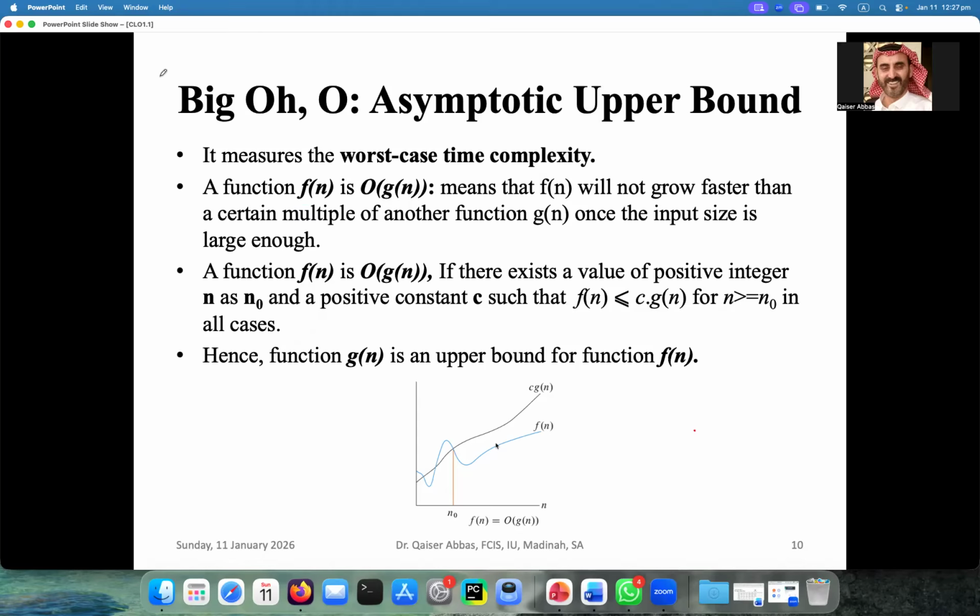Briefly, for your understanding, what is meant by upper bound? You will calculate something with respect to big O, some value about the algorithm.